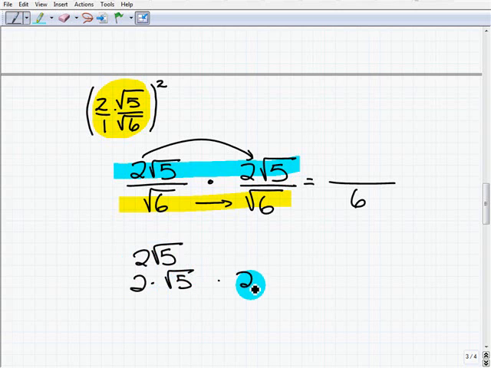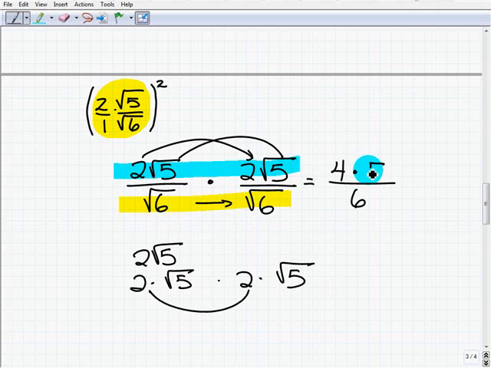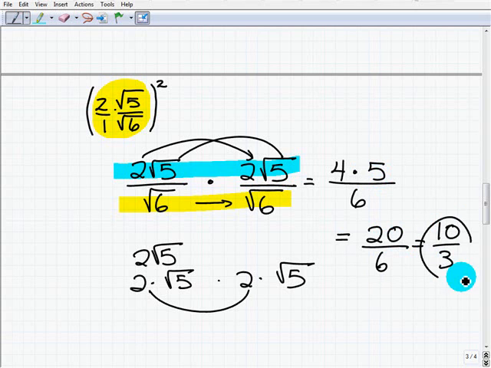So I can write the order here any way you like. I'm going to multiply the 2's together. So this is going to be 4, 2 times 2 is 4. And radical 5 times radical 5, the radical goes away. So that's simply 5. So we're left with 20 over 6. And of course that can reduce down to 10/3.